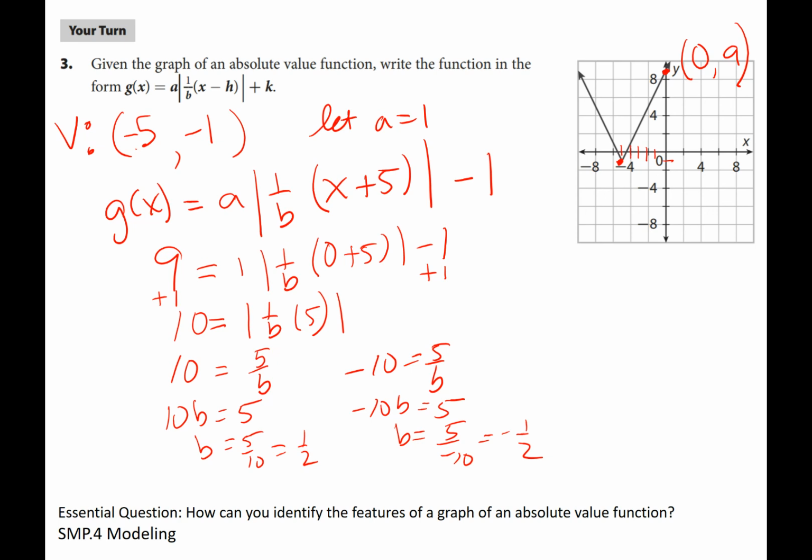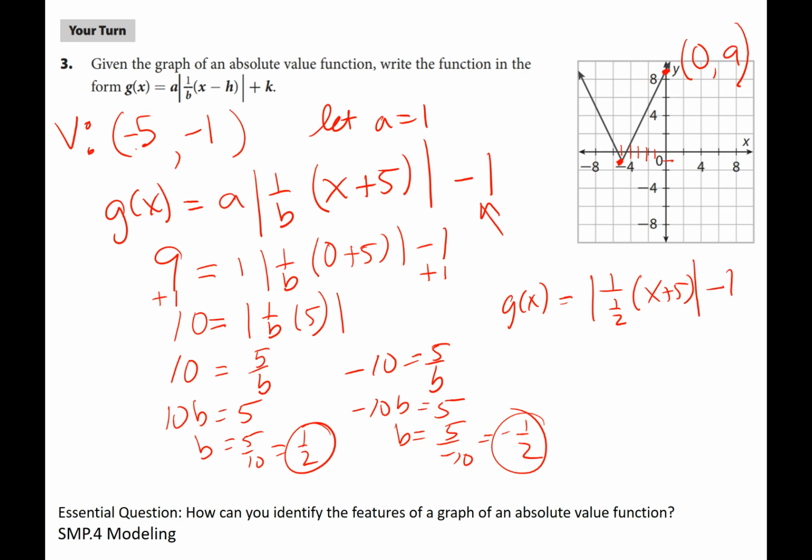Remember, the negative 1/2, we kind of discount that one because of the absolute value. So I'm going to substitute the positive 1/2 in. This is going to look weird. So I'm substituting into here. g of x equals, I don't have an a value, I've got 1 over 1/2 x plus 5 minus 1.